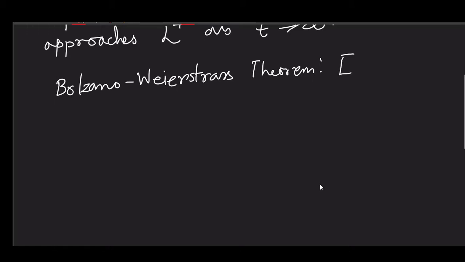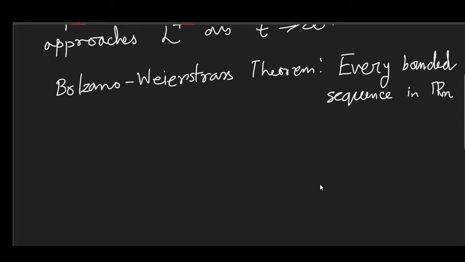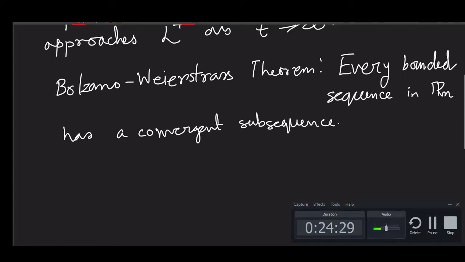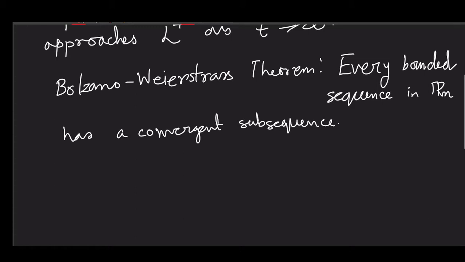So what the Bolzano-Weierstrass theorem states is that every bounded sequence in Rn has a convergent subsequence. We can prove this in three different ways, but we will not consider a single one.